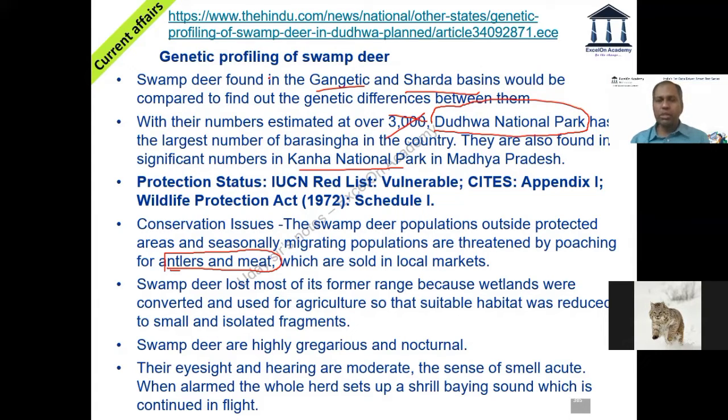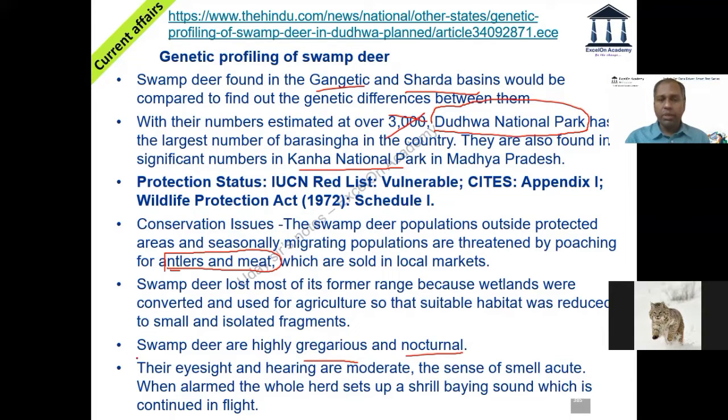They form a society, they are together. Yes, social, you could say. Live in clusters, exactly. So they move together, live in clusters. They are social, they live in herds and packs. All of them are right, guys. So they are highly gregarious and nocturnal.